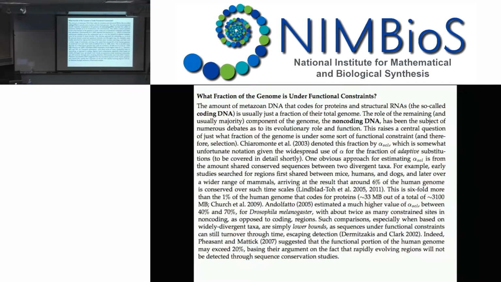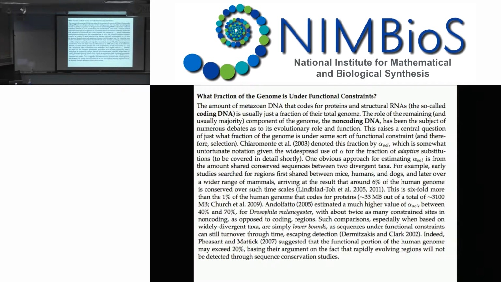Now, one way you can approach that, and it gives you a lower bound, is to ask what fraction of sequences are conserved. So look at conserved sequences; you need an outgroup. So for example, when you look at mice, humans, and dogs, what you basically see is the net result is that about 6% of our genome is conserved over those timescales. That's 6 times more DNA than is in our coding regions.